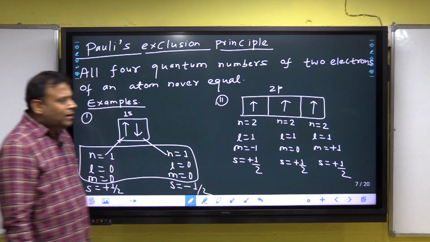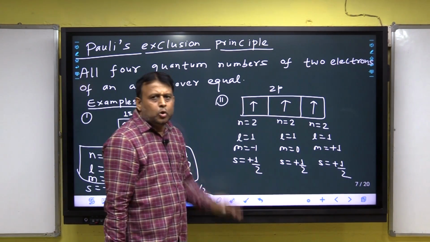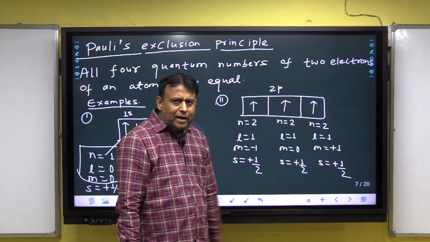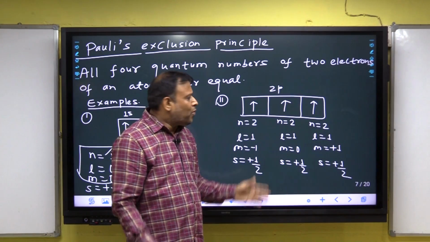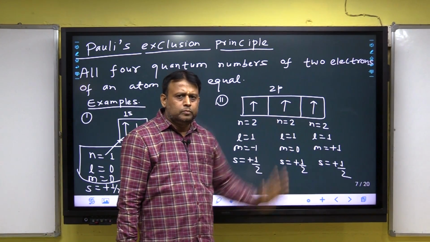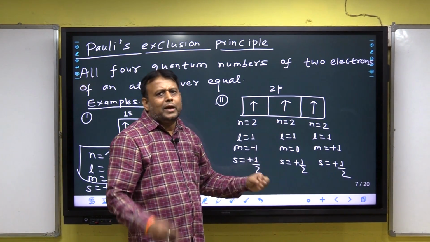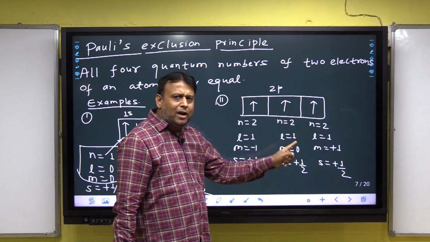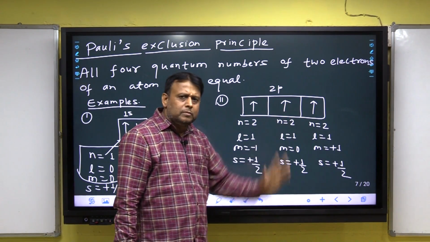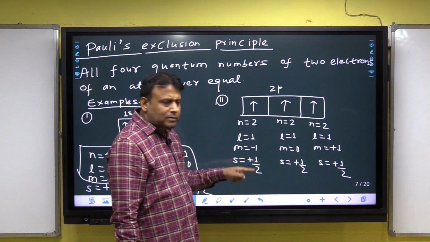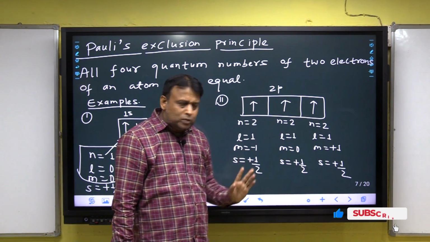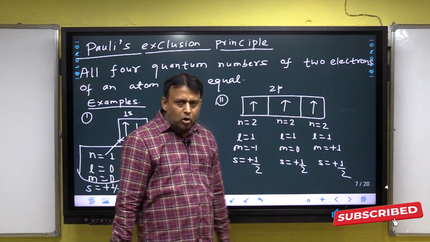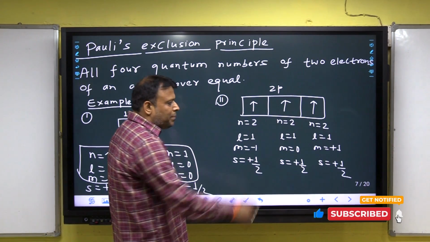In the second example, listen, 2p, and there are three electrons. For all three electrons, the principal quantum number N is 2, 2, 2. In the p suborbit, L is always 1 for all three electrons, 1, 1, 1. Magnetic, minus 1, 0, plus 1. And all are clockwise, and hence S plus half, plus half, plus half.